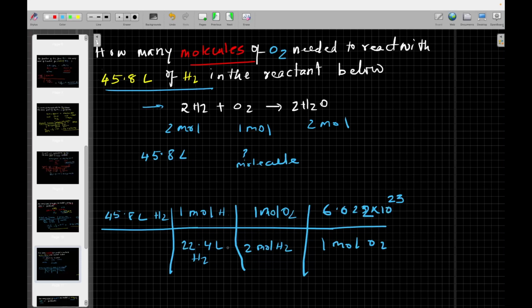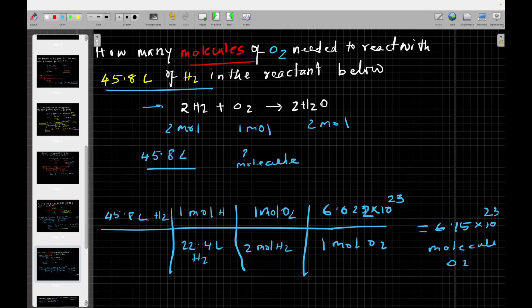Now if we calculate the ultimate number, we find that 6.15 times 10 to the power 23 molecules of oxygen are needed to react with 45 liters of hydrogen to carry out the water production reaction.